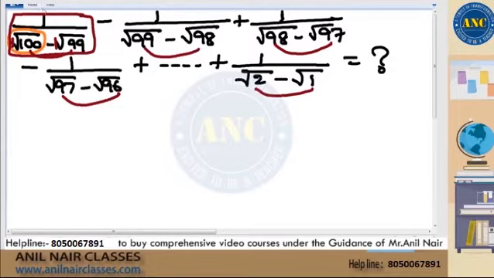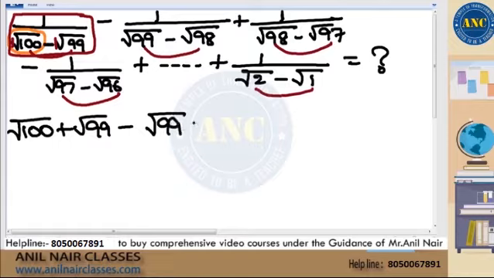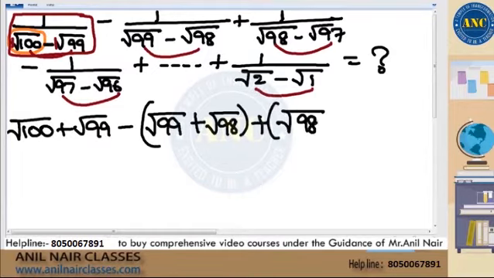What should be the numerator? I told you that the numerator will be whatever you have here, put it with an opposite sign. So the first term will be root 100 plus root 99 minus of root 99 plus root 98. So it is root 99, okay, let me write it like this, plus root 98. Then it is plus root 98 plus root 97. I hope it is clear, sir.